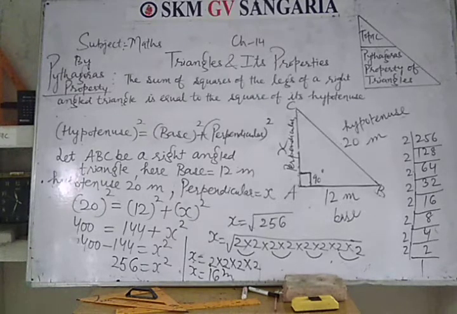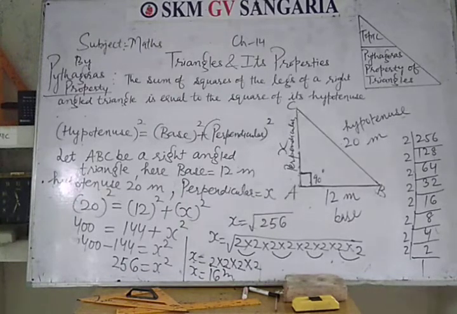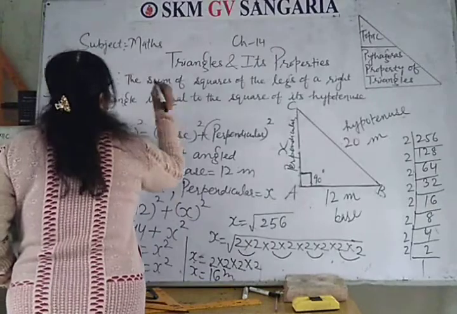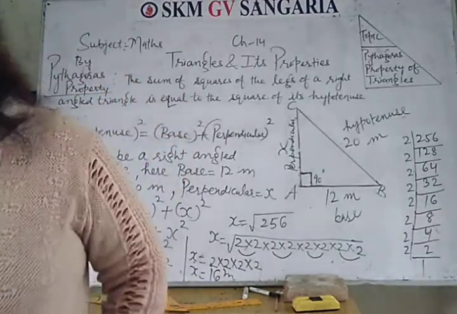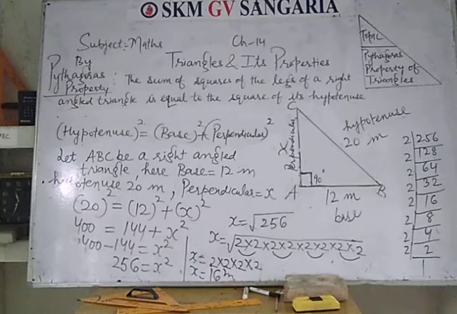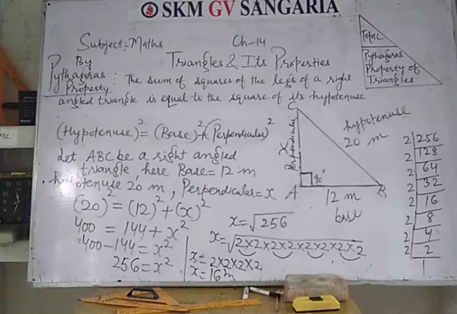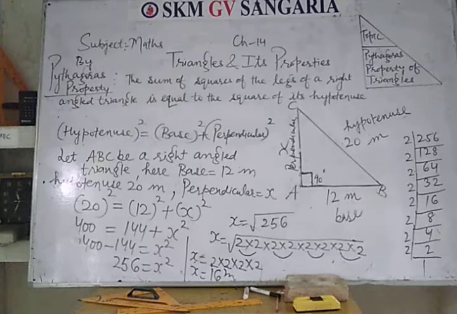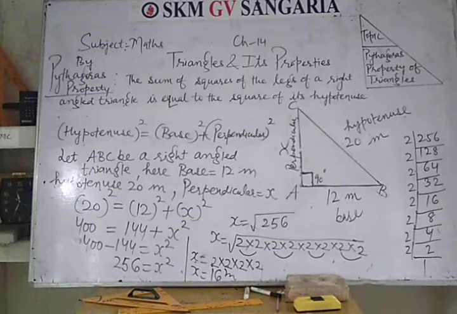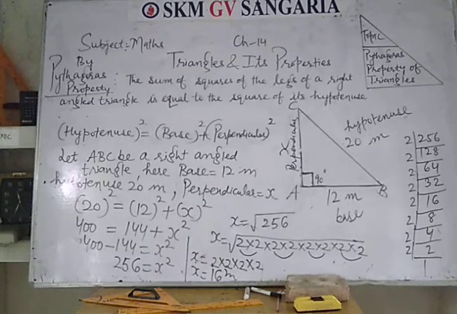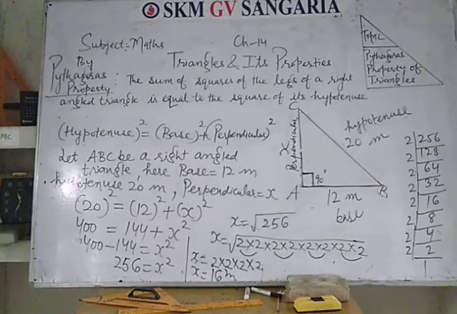If the hypotenuse square is equal to the sum of the squares of base and perpendicular, then it will be clear that the given lengths are of a right angle triangle. For that, there is Pythagorean triplet. If you are given three natural numbers which form the lengths of a right angle triangle or hold Pythagoras property, they are called Pythagorean triplet.